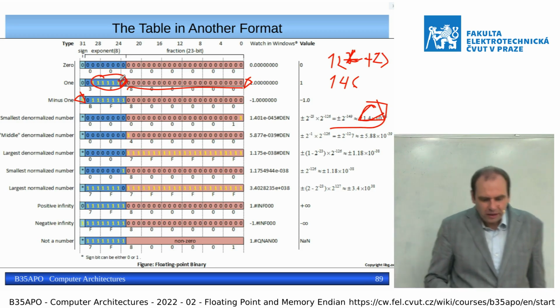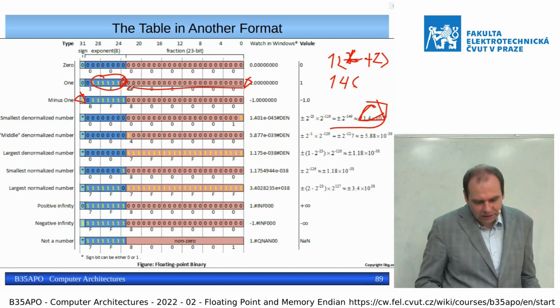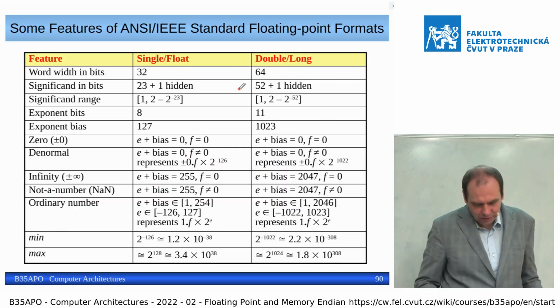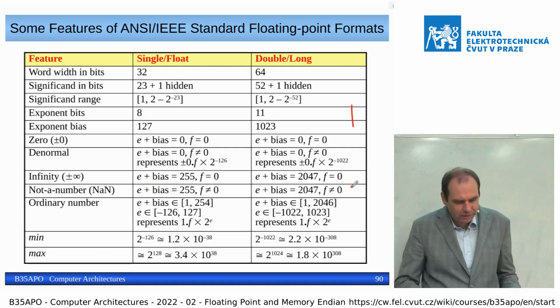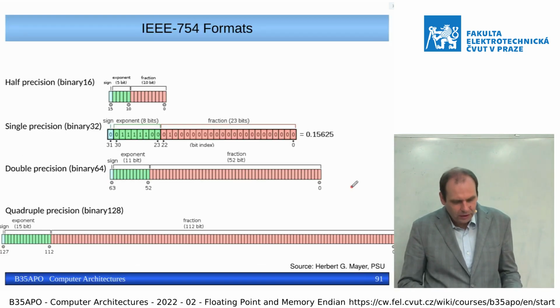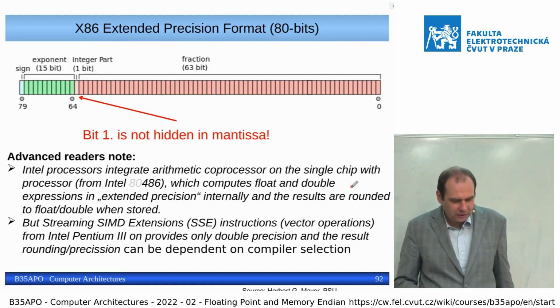So it would be not 127 but 126, and the rest are all zeros. Again, there is a comparison of what the exponent and the bias are and so on, and the formats.